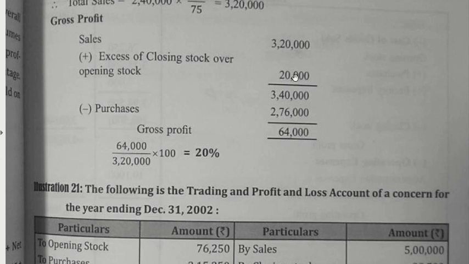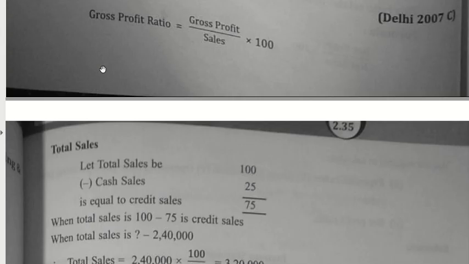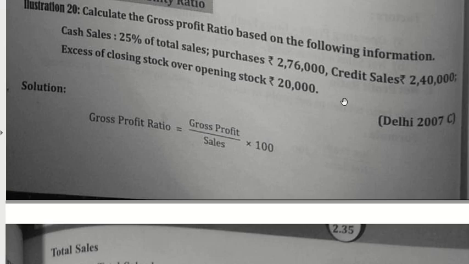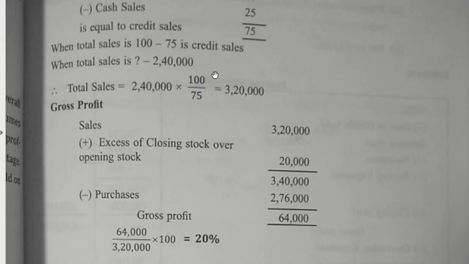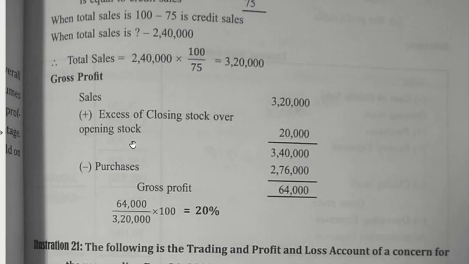Sales they have given 3,20,000, which we found out. Now what they have given in the question is the excess of closing stock over opening stock is 20,000. So add that 20,000. So opening stock minus closing stock is 20,000.